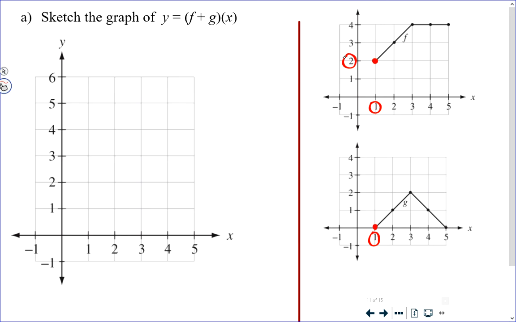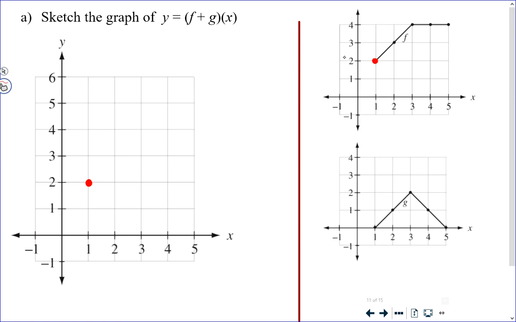When x is 1 on g, the y coordinate is 0. So we add the two y coordinates. We take the y coordinate on f and add the y coordinate on g. That gives us 2, which means when x is 1, y is 2 on the sum of the functions. Now this gets a little messy, so I'm going to erase all of this.